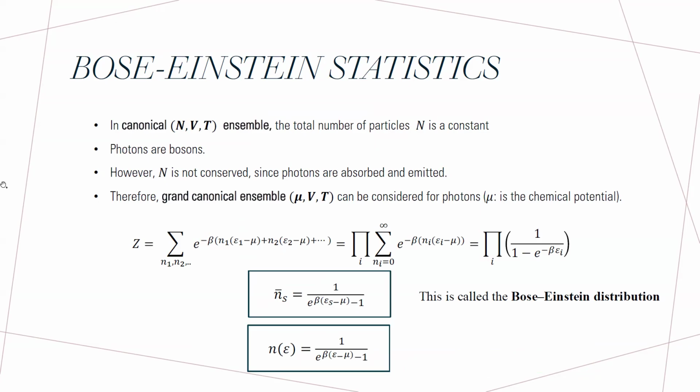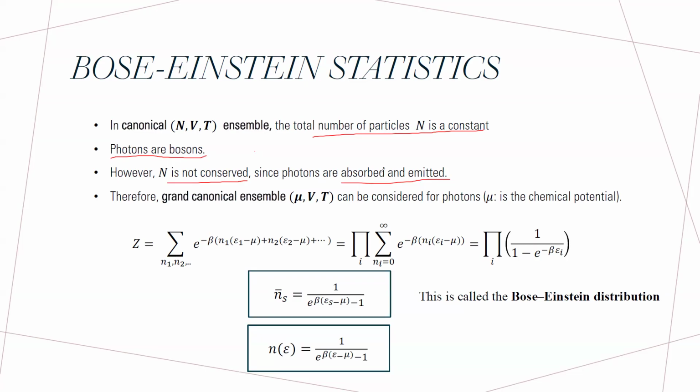And in the canonical ensemble, the total number of particles N is a constant, and photons are bosons. However, the number of photons is not conserved, okay, because they can be absorbed and emitted.